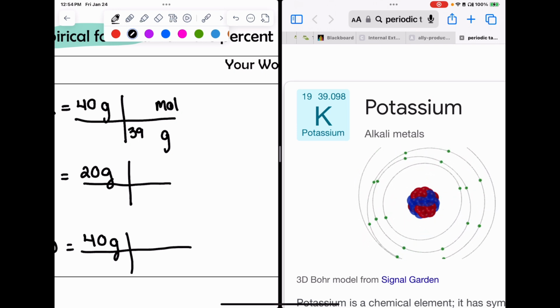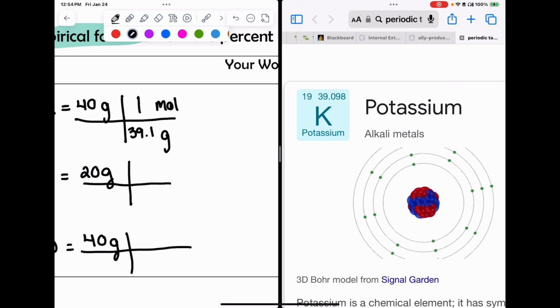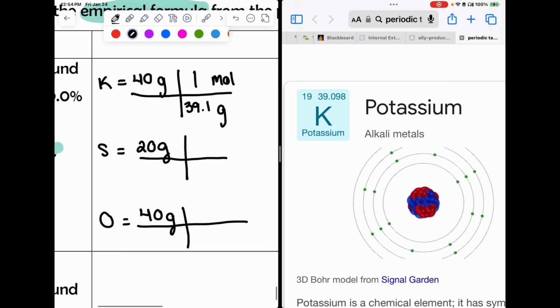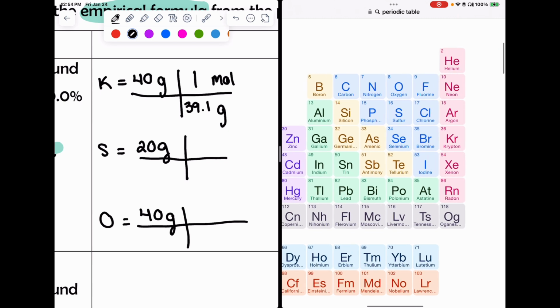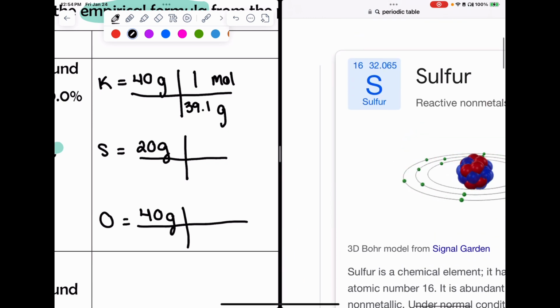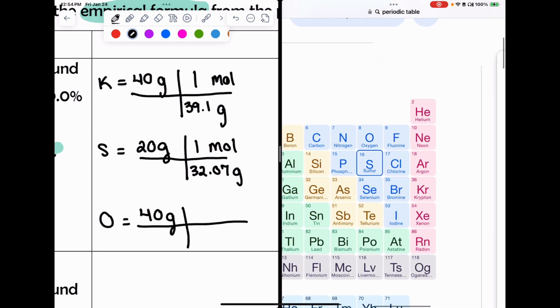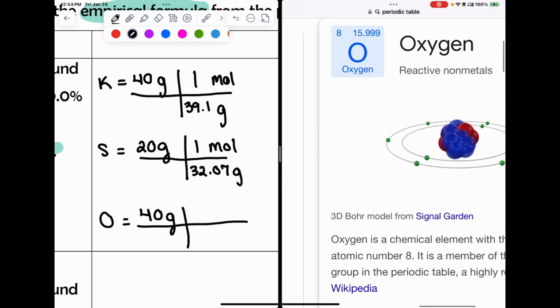So 39.1 grams for every 1 mole, if we were to round that. Next, I'm looking for sulfur. Sulfur has 32.07 grams for every 1 mole. And oxygen is 16 grams for every 1 mole.